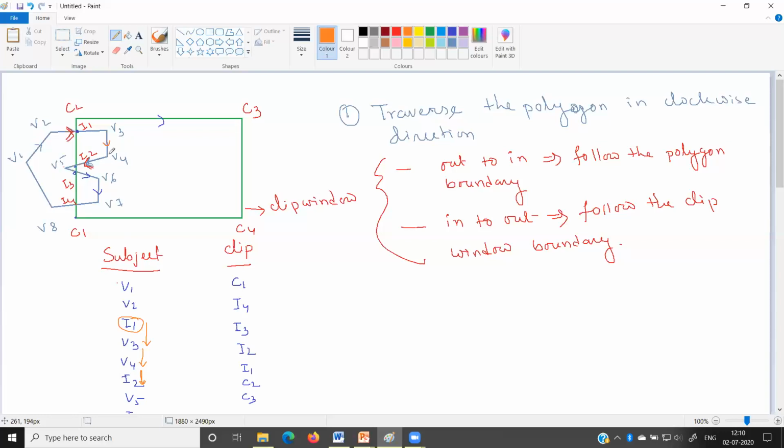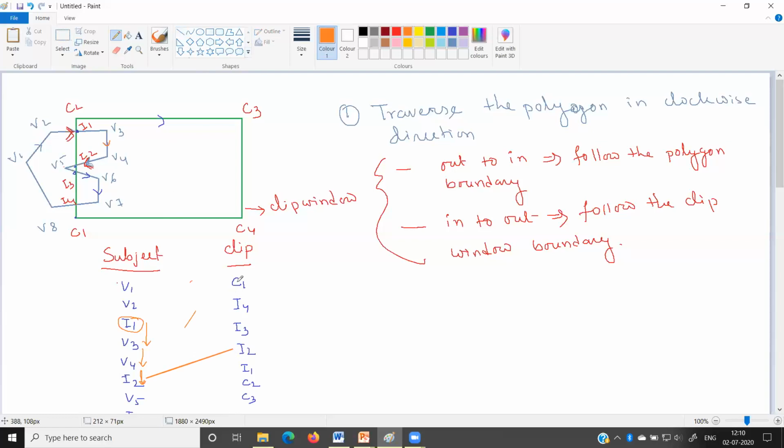As per the condition of the Weiler-Atherton polygon clipping algorithm, we have to follow the window boundary. That means we have to go back to the previous intersection point, that is I1. So from the point I2, we have to directly go back over here.